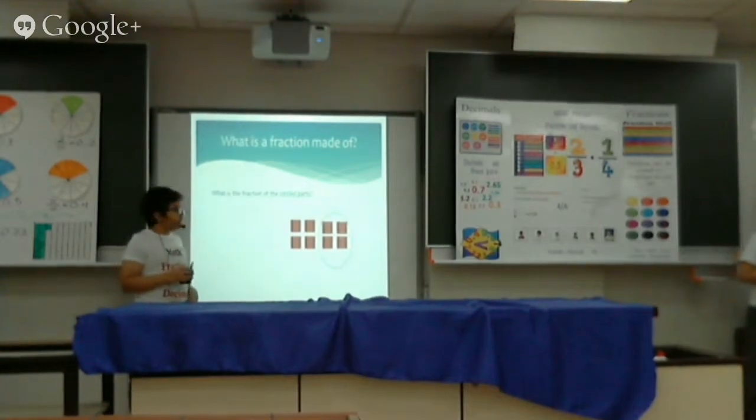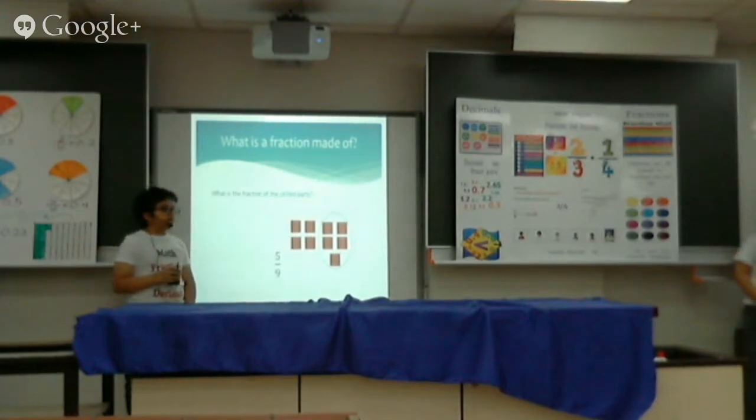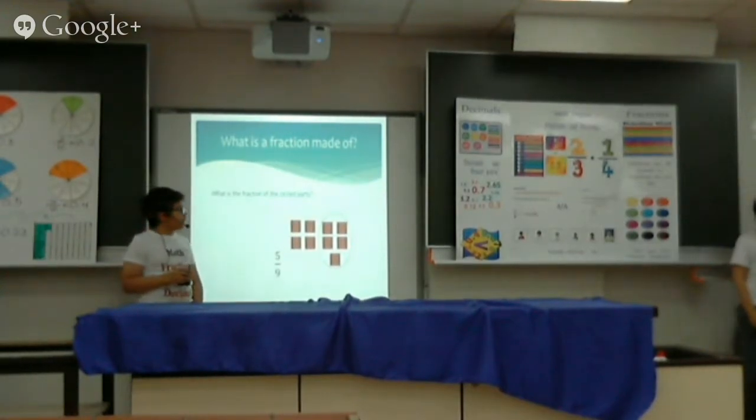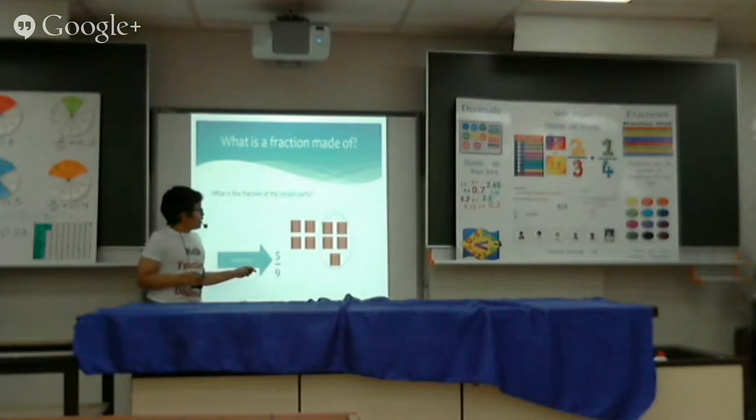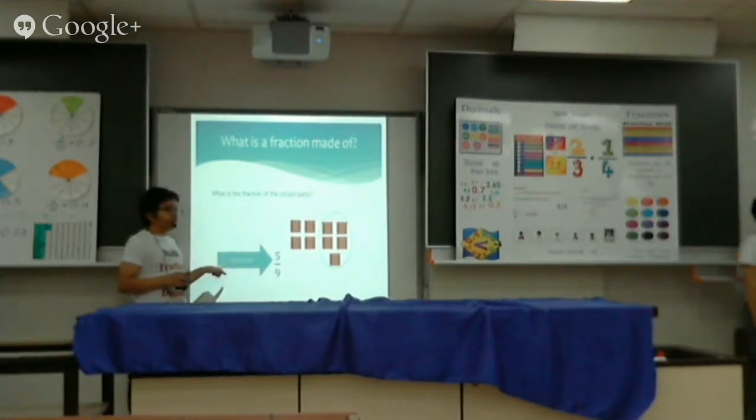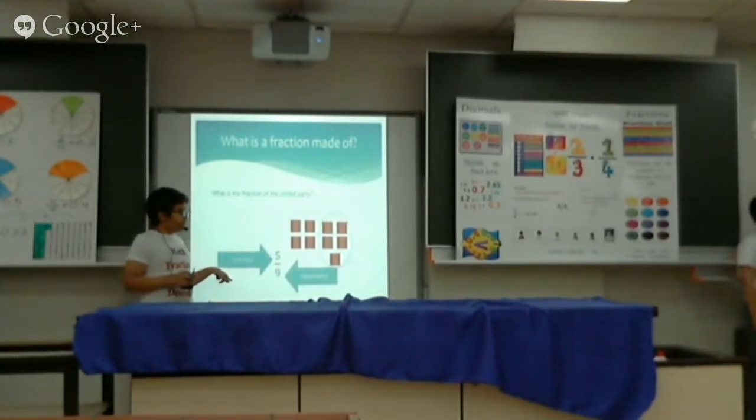It is 5/9 because there are 5 circled parts and the total is 9. The upper part is the numerator and the lower part is the denominator.